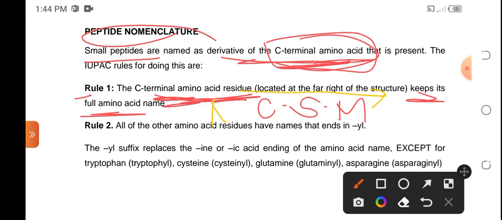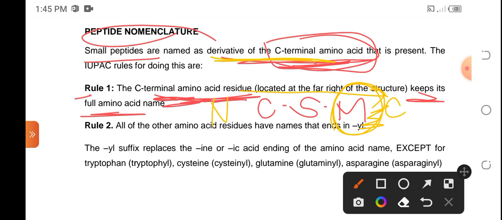From the nitrogen to the carbonyl, or from the amino to the carboxyl terminal, or N-terminal to C-terminal. Okay? So, rule number 1, kung ano daw yung pinakamalapit dito, yung pinakadulo, will keep the full name. So, therefore, this one will have methionine.